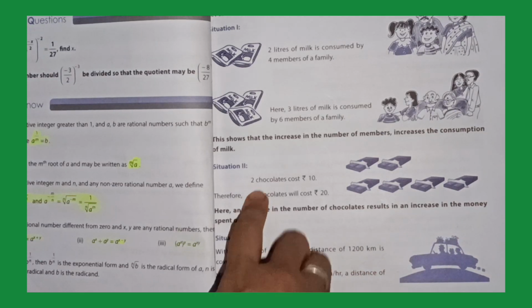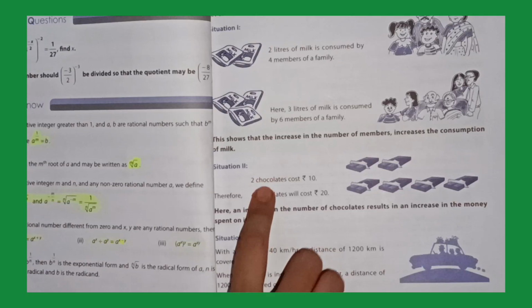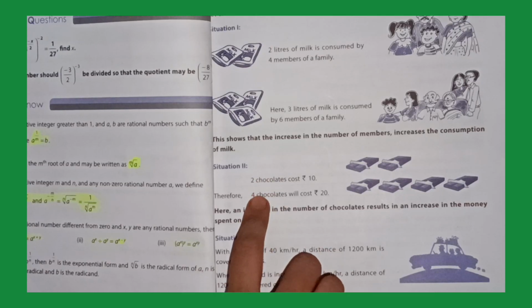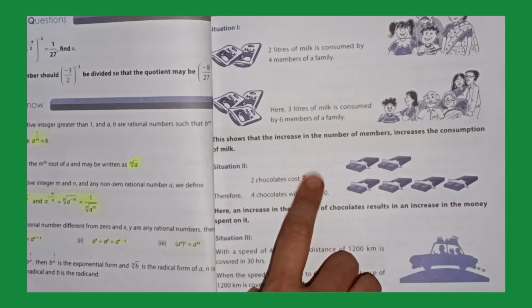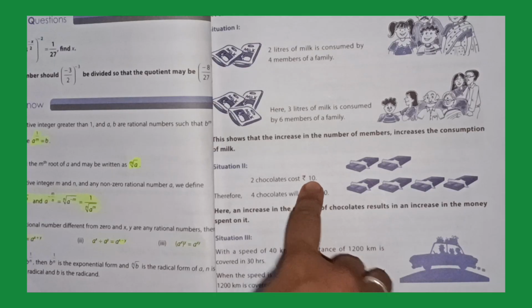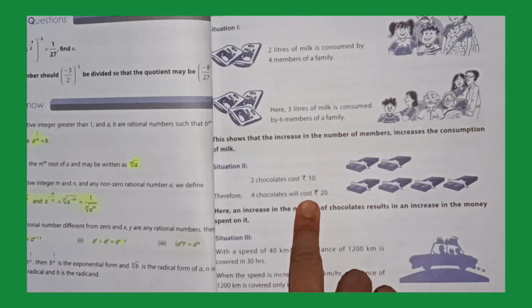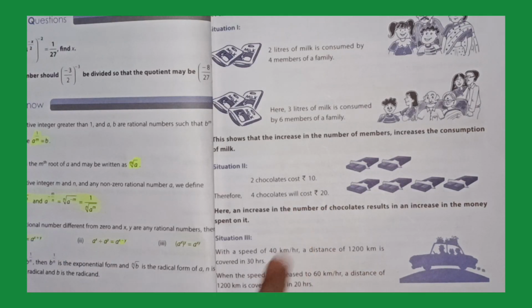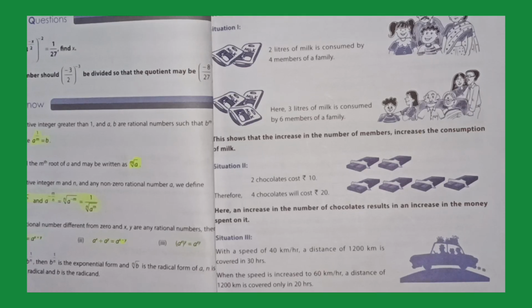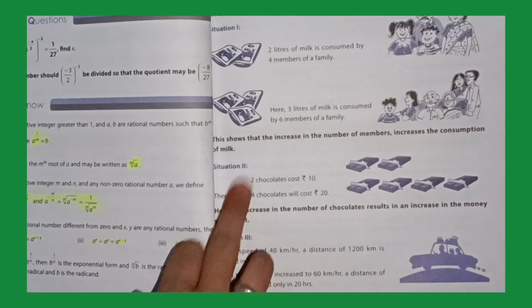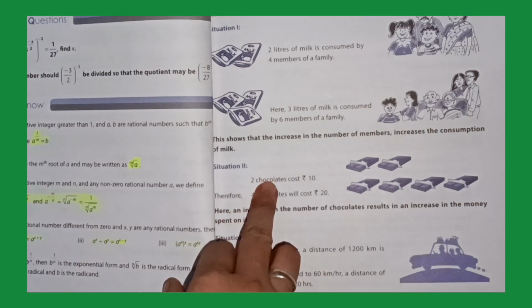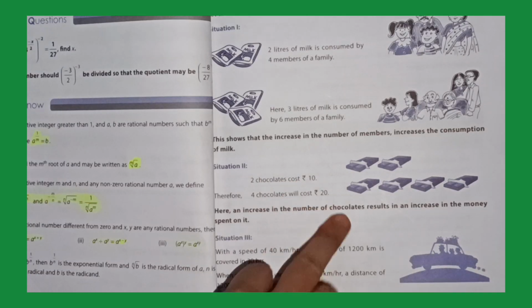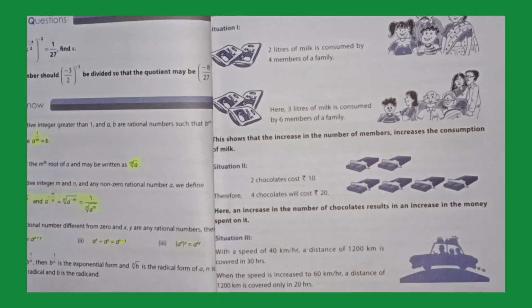The number of chocolates is 2 here and 4 here, and there is also an increase in the cost: the cost of 2 chocolates is rupees 10 and the cost of 4 chocolates is rupees 20. So it is also an example of direct variation.